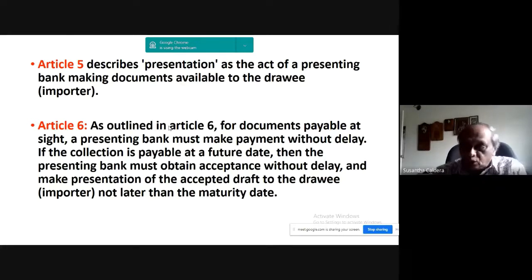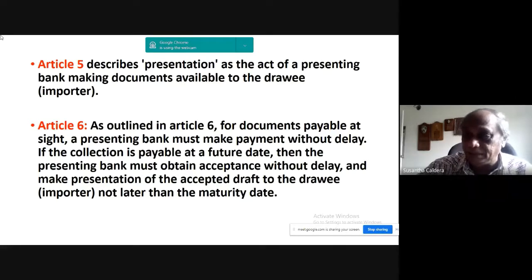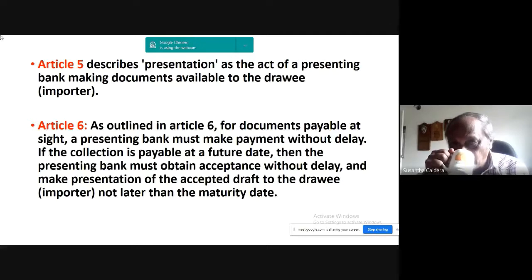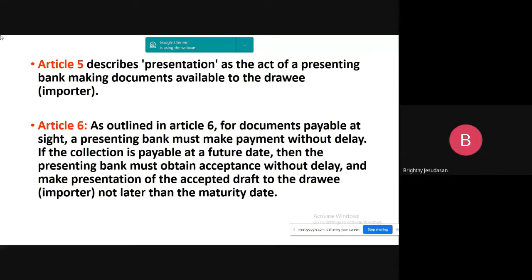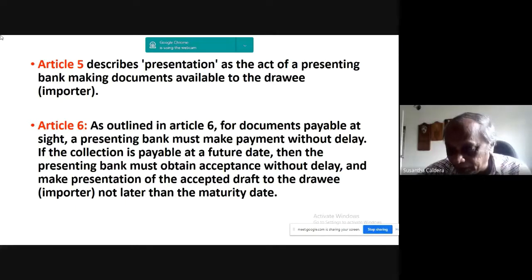If the payment has not been done on the maturity date, what sort of action should the bank take? Inform the remitting bank immediately. Immediately means the following day itself, they have to inform.